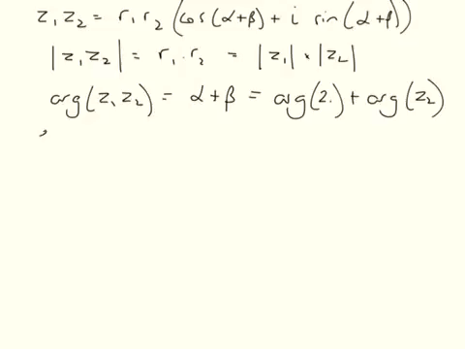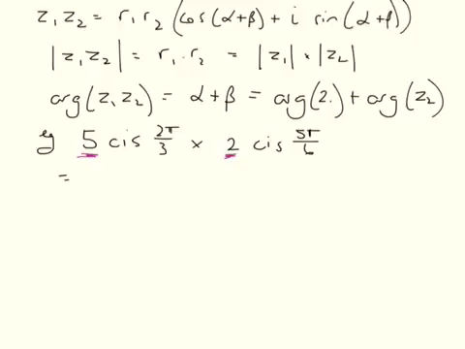So if we have a look at an example here, if I have 5 cis 2 pi on 3, and I want to times that by another complex number 2 cis 5 pi on 6, I don't have to write it in the other form and then work it all out. I can just use my formula from above.